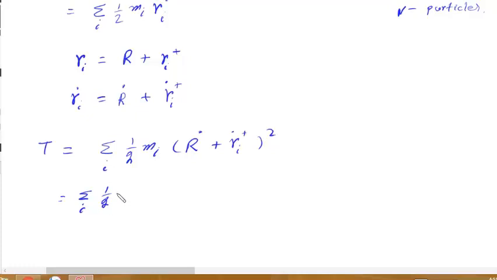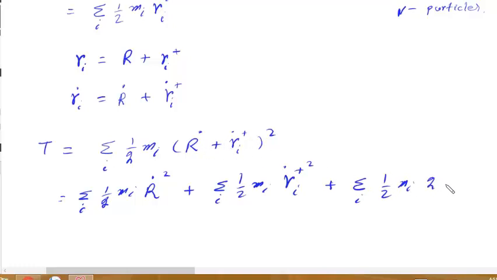Using the squaring formula, the summation of one half m_i times the square of the first term, R dot squared, plus the summation of one half m_i times r dot prime i squared, plus two times the first and the second, that is, the summation of one half m_i times 2 R dot and r dot prime i.